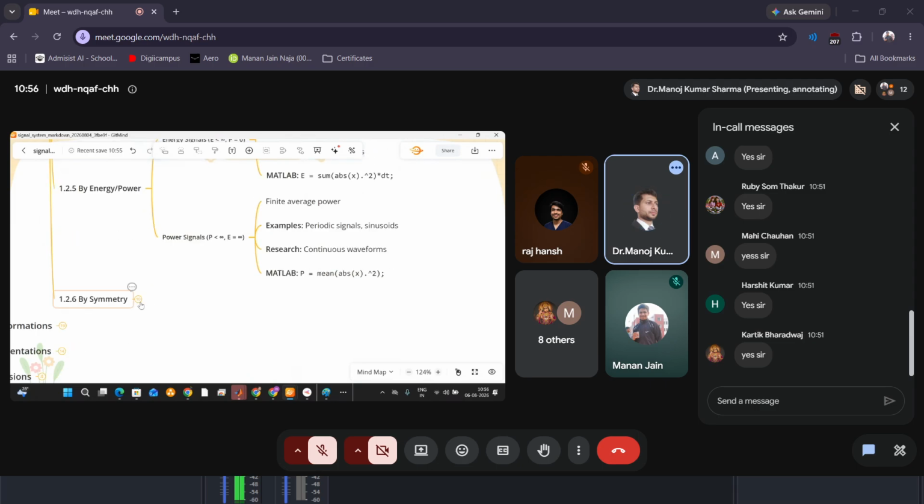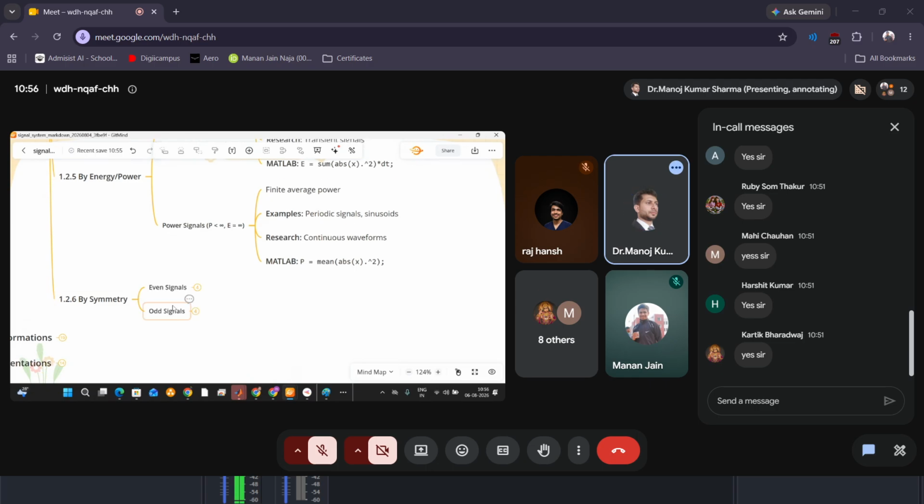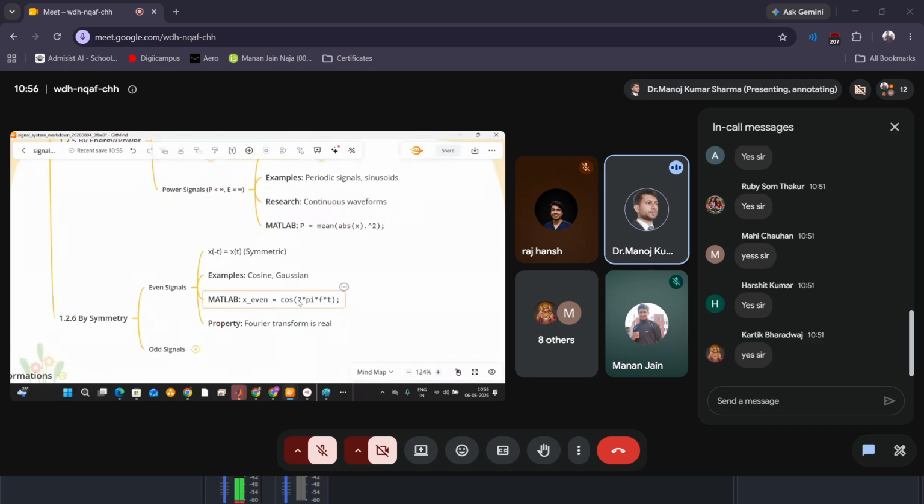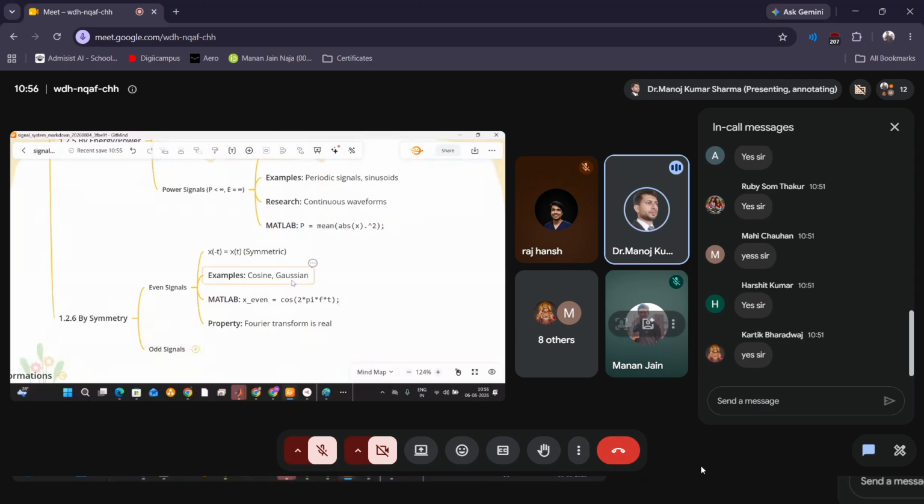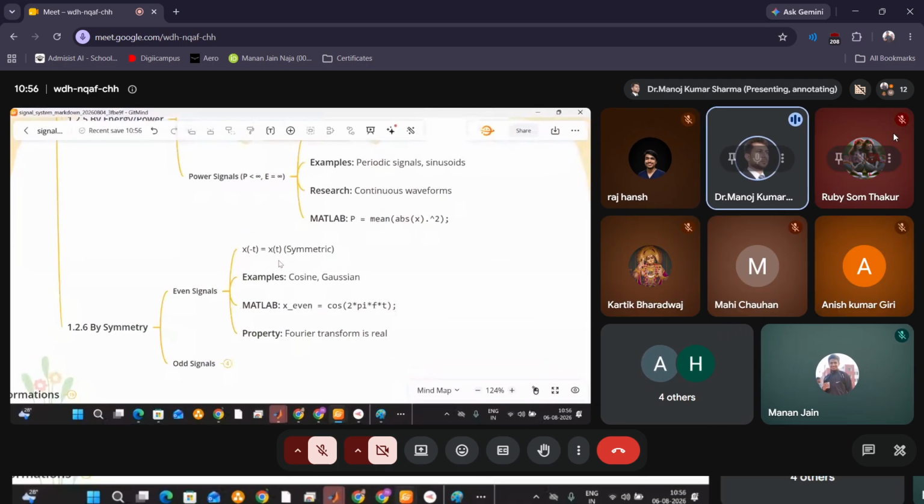So by symmetry, we can have two types of signal, even signal and odd signal. Even signals, like cos wave and Gaussian signals, are treated as even signals, and what it says is that if there is any signal x(t) and we put x(-t), and both waves have the same shape, then that signal is known as an even signal.